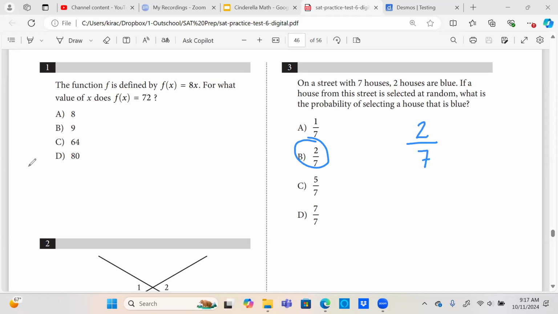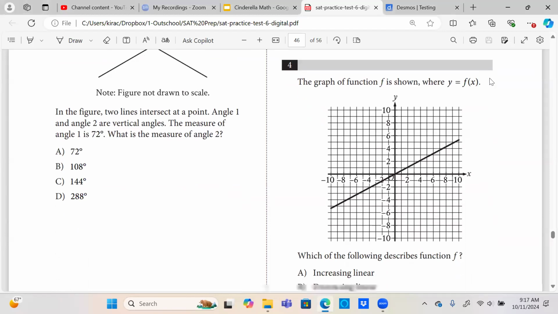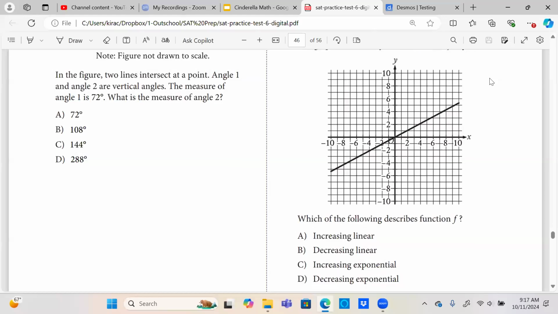All right, coming on down to number 4. A graph of the function is shown below. That is definitely a line. So coming down to the options, you could immediately get rid of C and D because this is not exponential. If you had to make a guess, it's either A or B because they have linear.